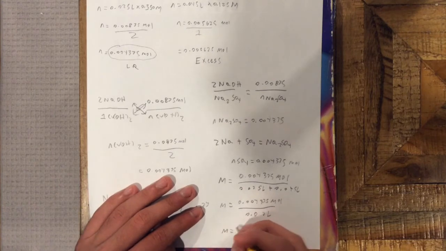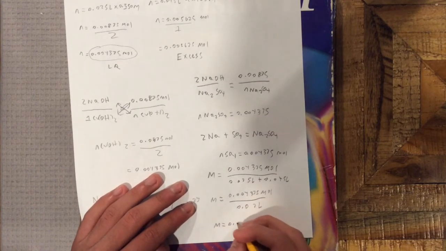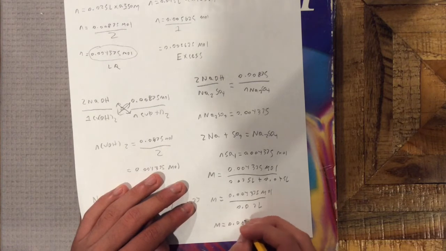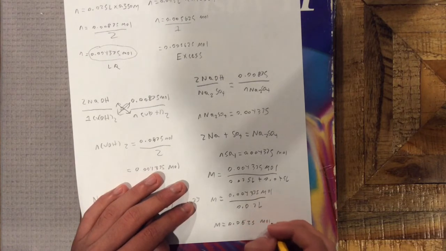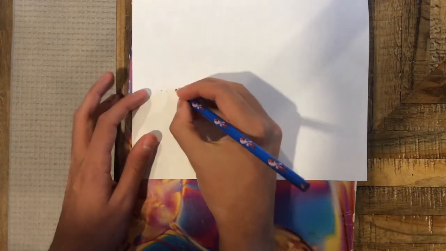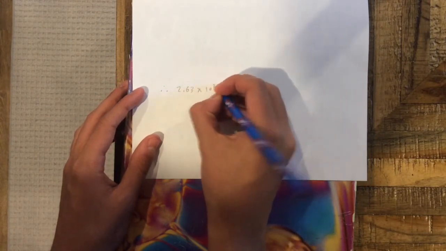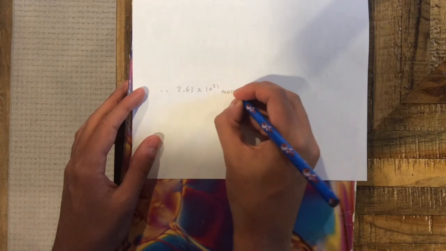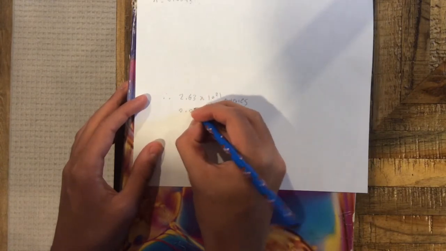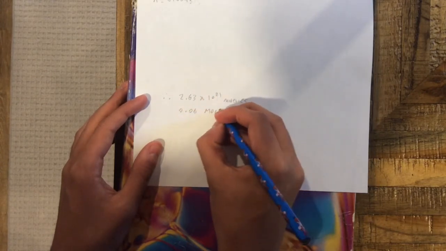And so you get that the molarity is equal to 0.0625 mole per liter. Therefore, the final answers rounded to 2 decimal places are 2.63 times 10 to the 21 molecules, and 0.06 is the concentration of sulfate ions.